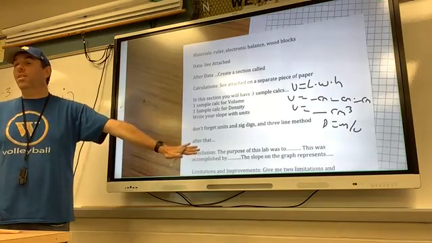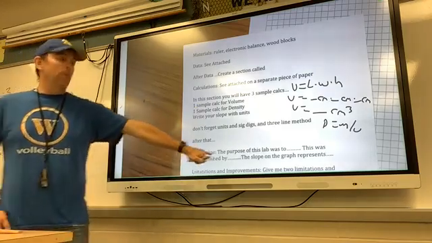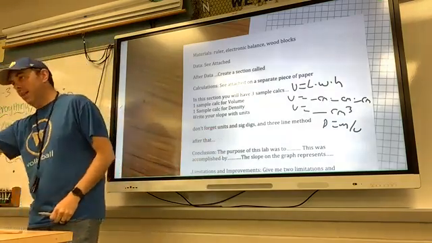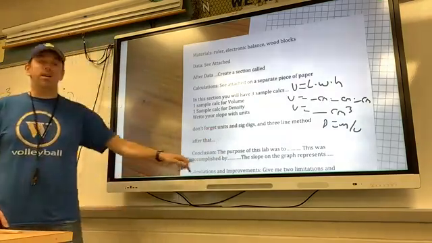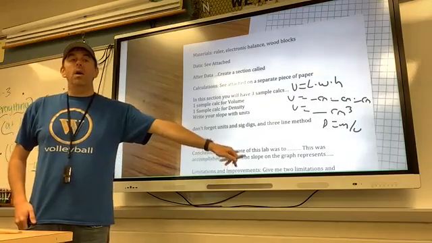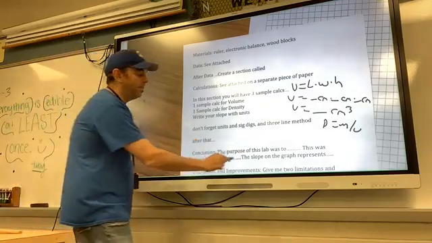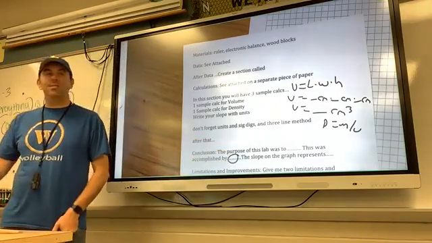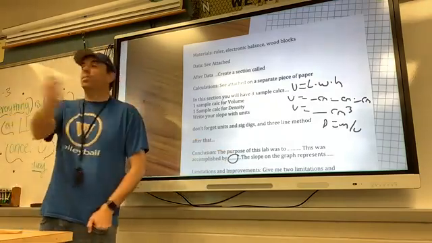Conclusion. In the conclusion section, you're going to rewrite the purpose. You're going to say the purpose of this lab was to... This was accomplished by... and where these dots are, you're going to just re-summarize the procedure in 1 or 2 sentences. I don't want you guys to rewrite the whole procedure.